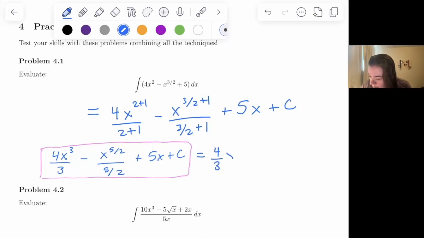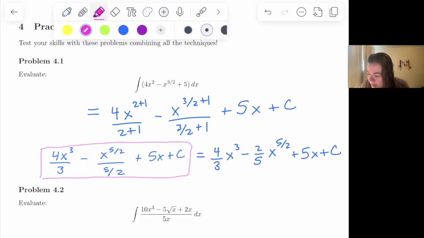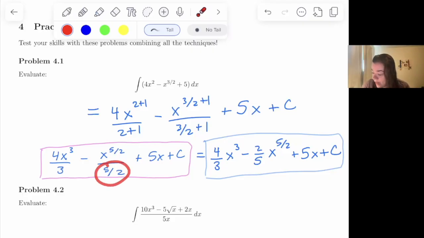I prefer to pull constants out in front. So if I were doing these problems and this were my homework, my preferred form of the answer would be written on the right side there. But those are equal statements. Remember, dividing by 5/2 is the same as multiplying by 2/5, and then I like to pull it out in front of the x term.